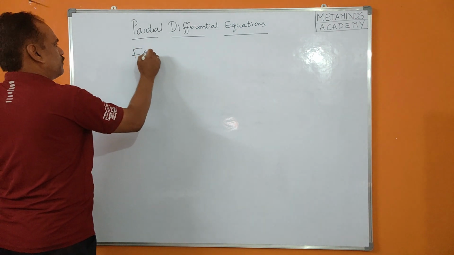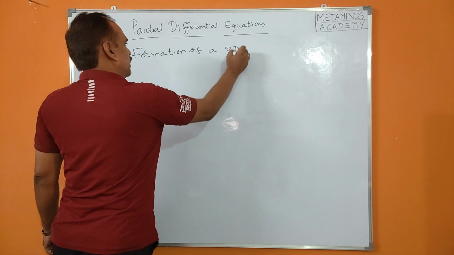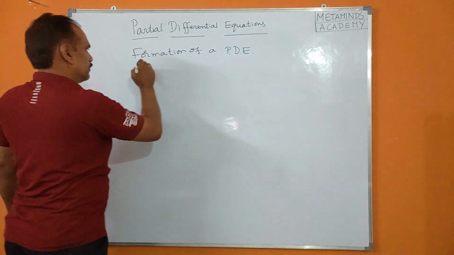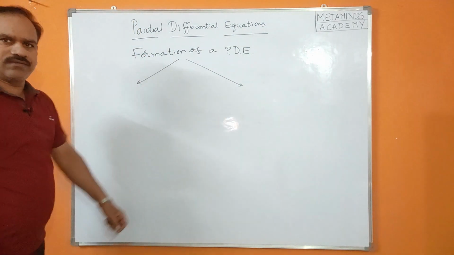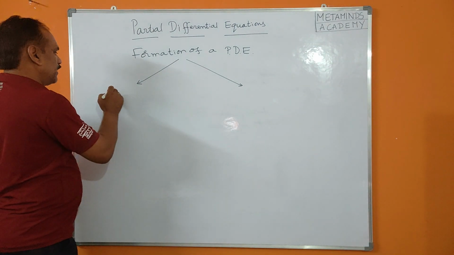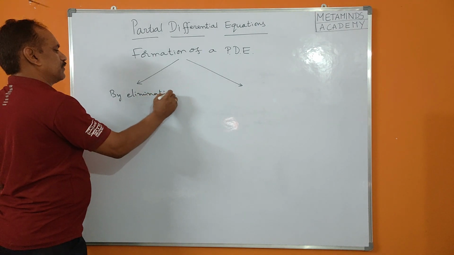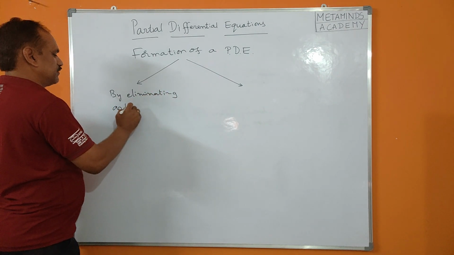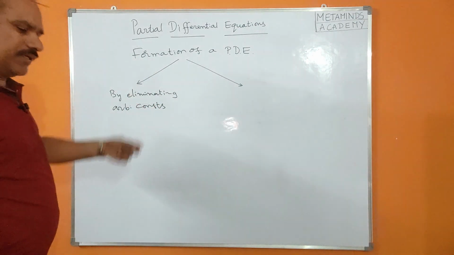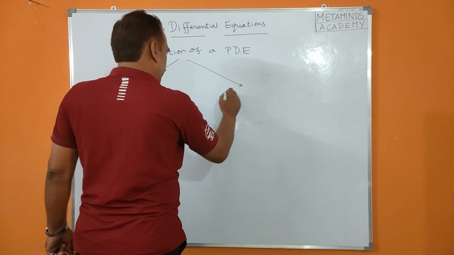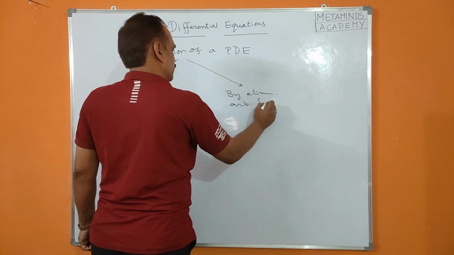Formation of a partial differential equation is done in two ways: by eliminating arbitrary constants from the given equation, and also by eliminating arbitrary functions.